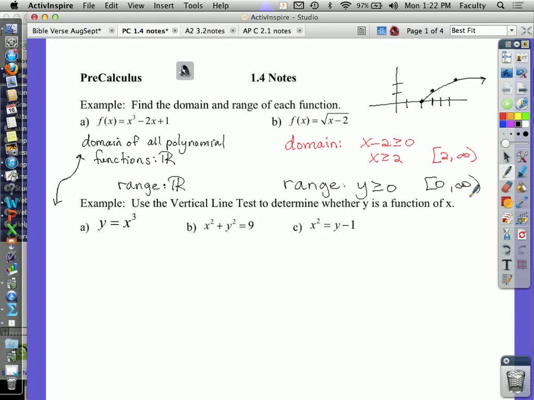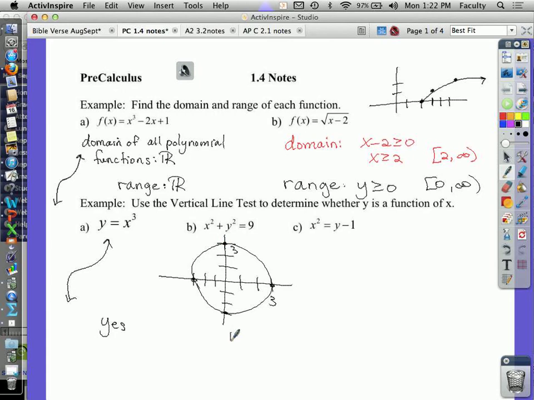So in letter A, we know this one looks like this. So yes, it passes the vertical line test. And letter B, it's a good thing that we just reviewed this. This is the general equation for a circle whose center is at the origin. Okay, so you should become more and more familiar with your equations.